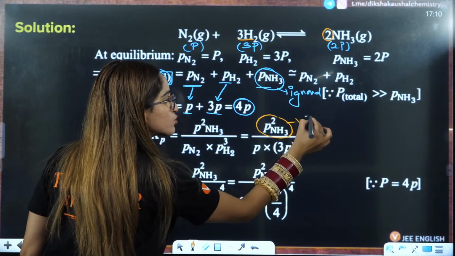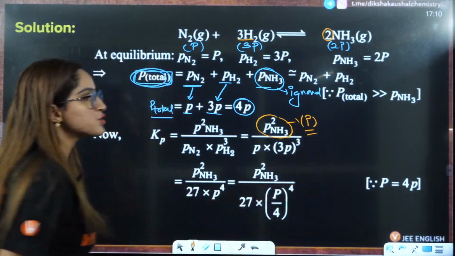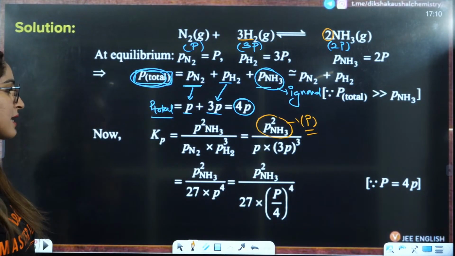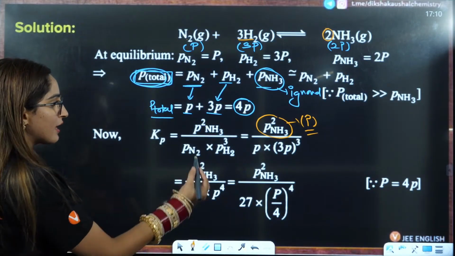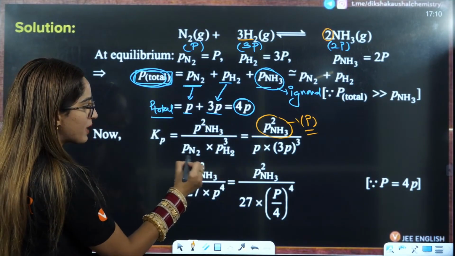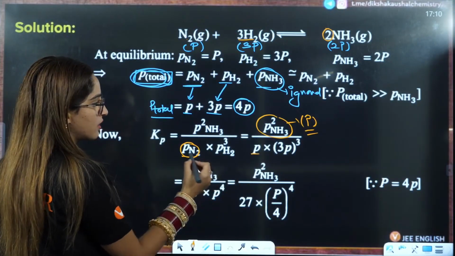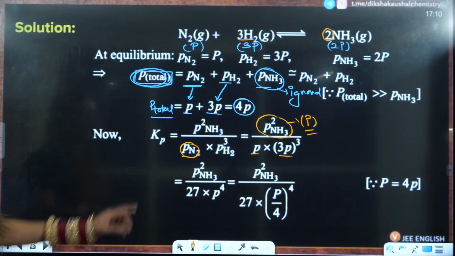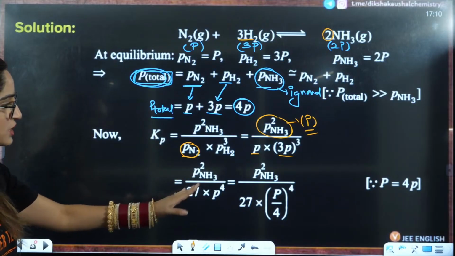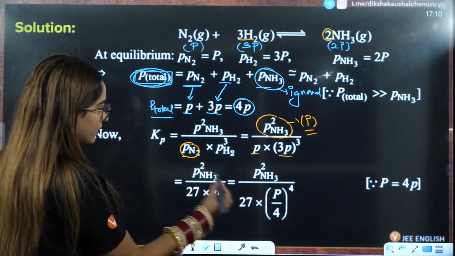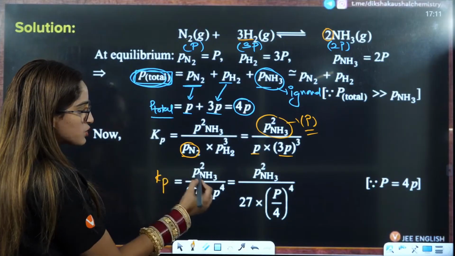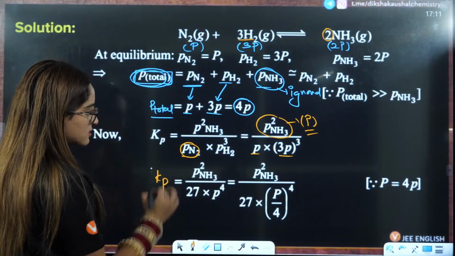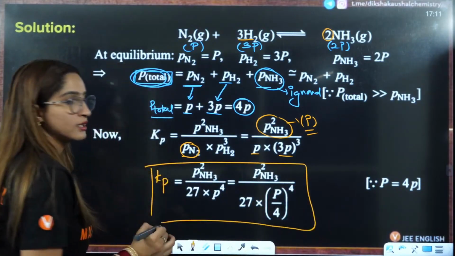This we have to solve. Pressure of NH3 we don't know, pressure of N2 you know, that is P, pressure of H2 you know, that is 3P, right? And here you will put these values and this is what you will get, that is Kp is equal to pressure of this and this. This is the formula that you will get.